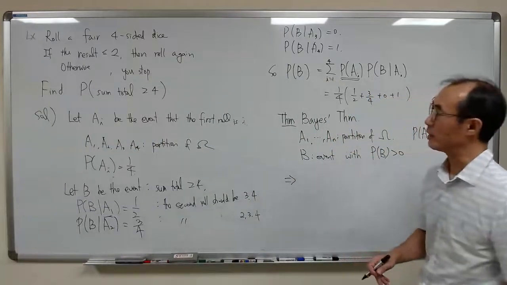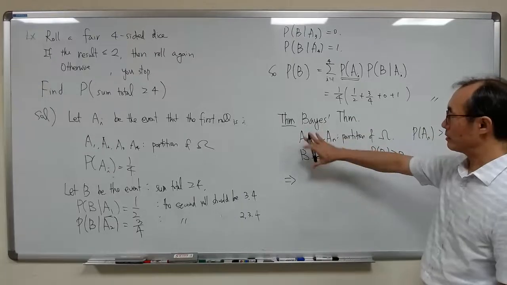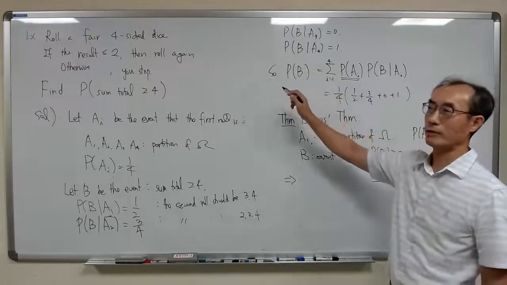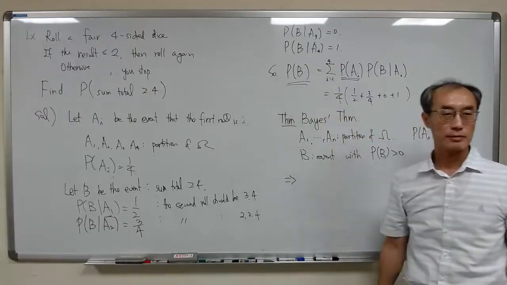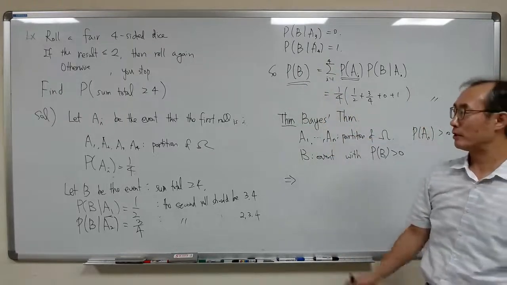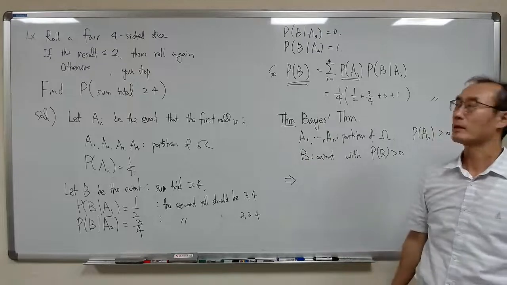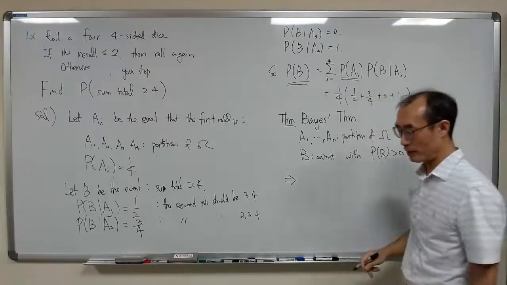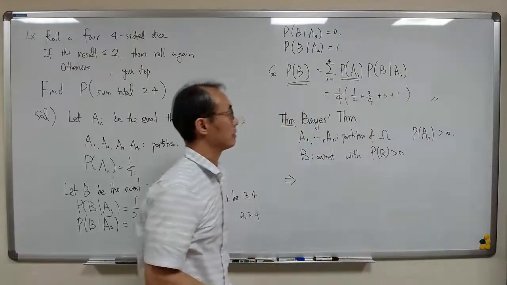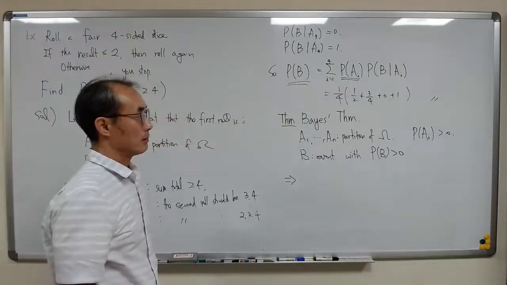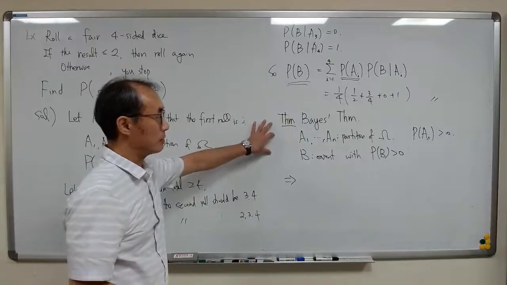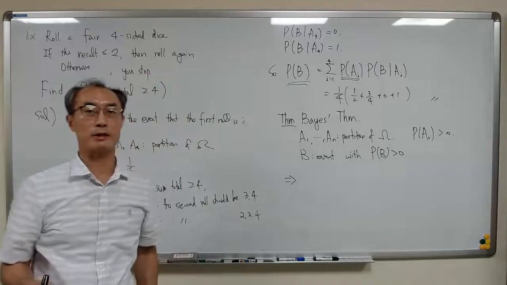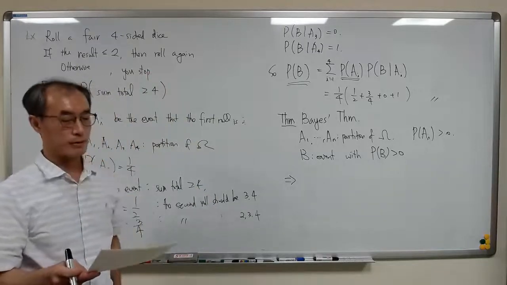Under this assumption, in a similar configuration, the total probability theorem gives us the way to compute the probability of event B in terms of the probability of partitions and the conditional probability of that event with respect to the partition. But Bayes rule gives us slightly different information.